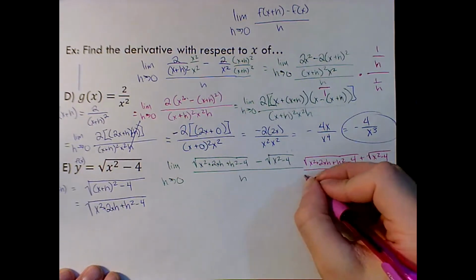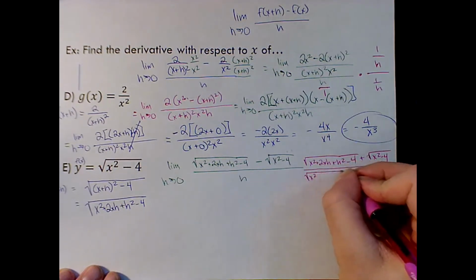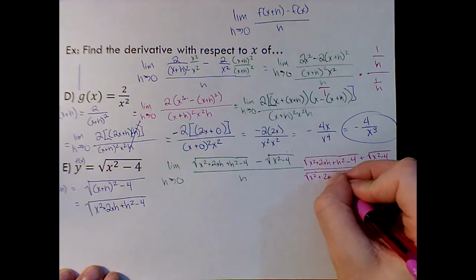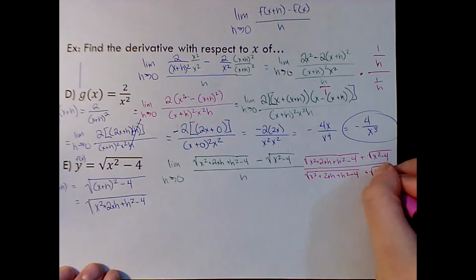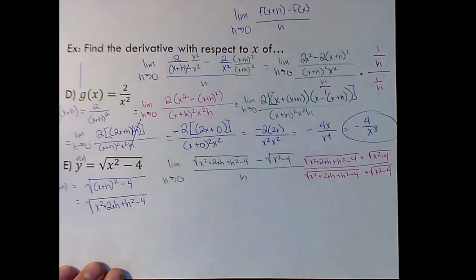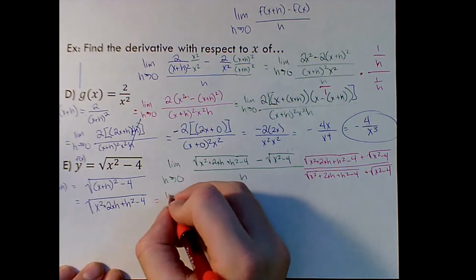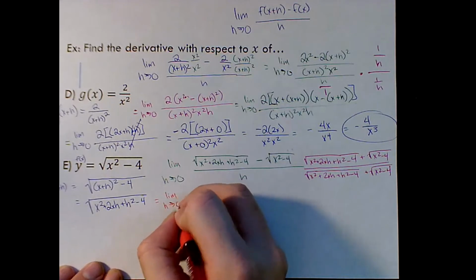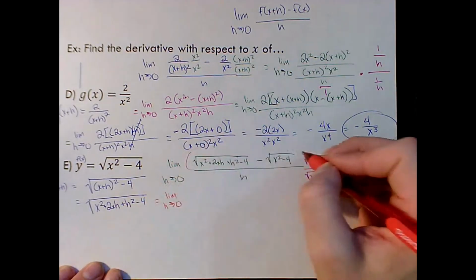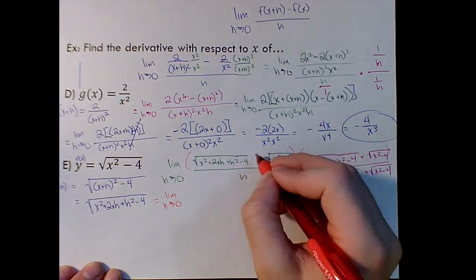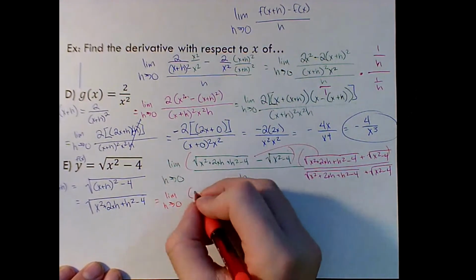Multiply that to root x squared plus 2xh plus h squared minus 4 plus root x squared minus 4. That's going to equal the limit as h approaches 0 of that. And keep in mind, we're foiling here.